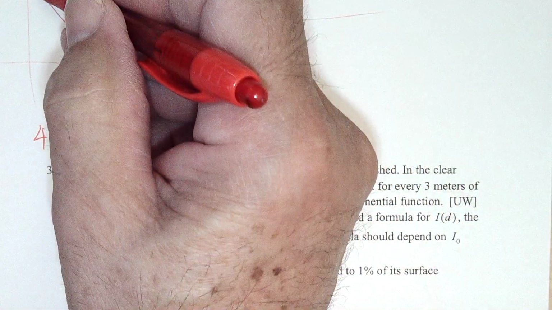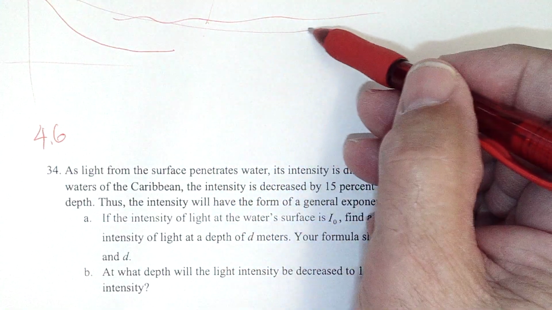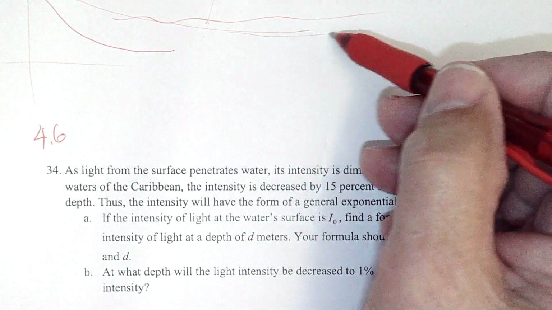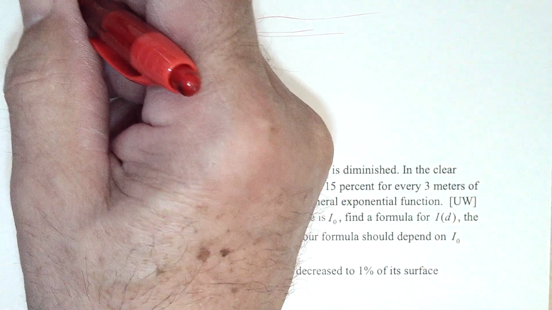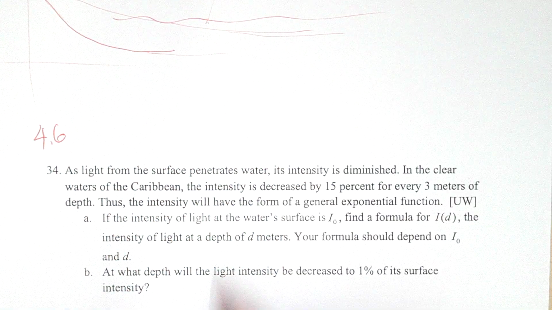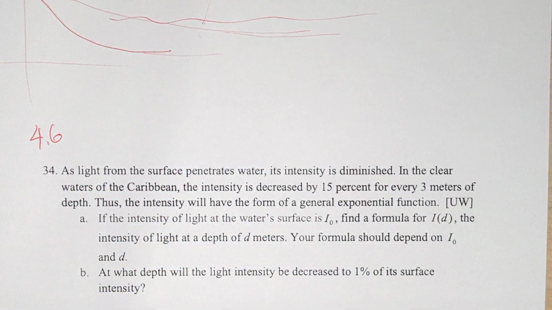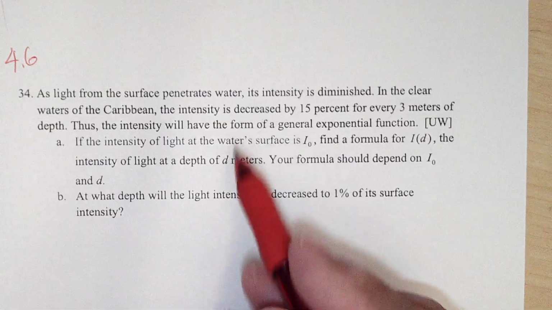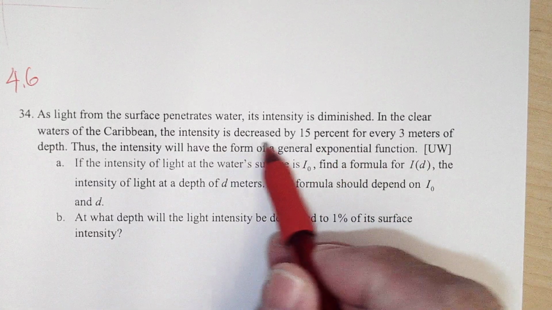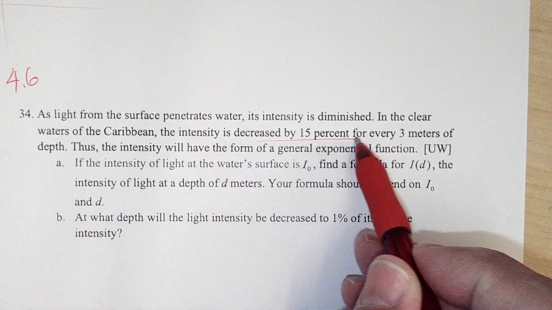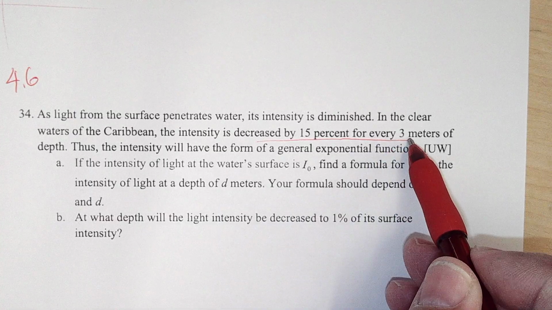If it's pretty clean water, it will go off, get darker less quickly. But in both cases, they're exponential decay equations. So it says it decreases by 15% for every 3 meters.